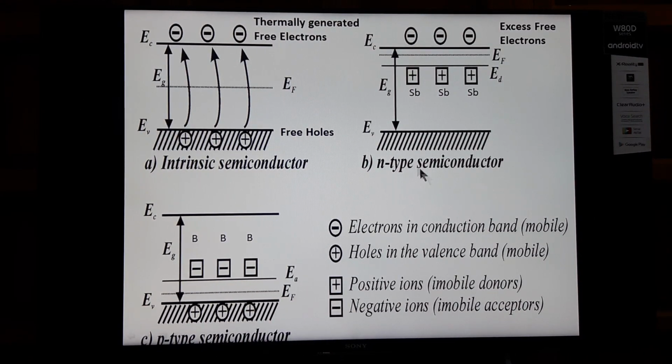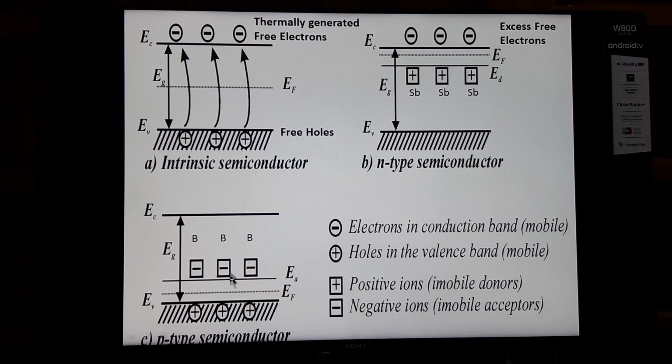In the case of the N-type semiconductor, that is, the extrinsic type semiconductor with the dopant of a pentavalent atom like antimony, we get some excess free electrons in the conduction band. As a result, the dopant atom, in that case the antimony atom, remains like a positively charged immobile ion, and the Fermi level lies just below the conduction band.